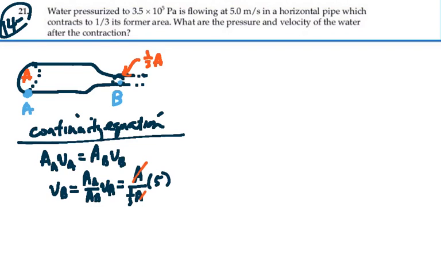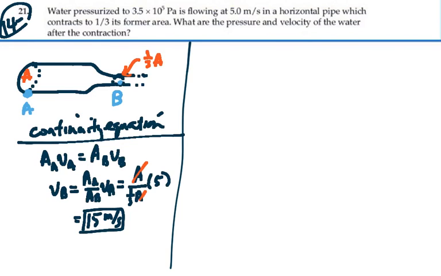A is canceling out. 1 over 1/3 is 3, so this is going to be equal to 15 meters per second. So the velocity at the constriction is 15 meters per second. Sounds good. Now we can try Bernoulli's equation for these 2 points A and B.